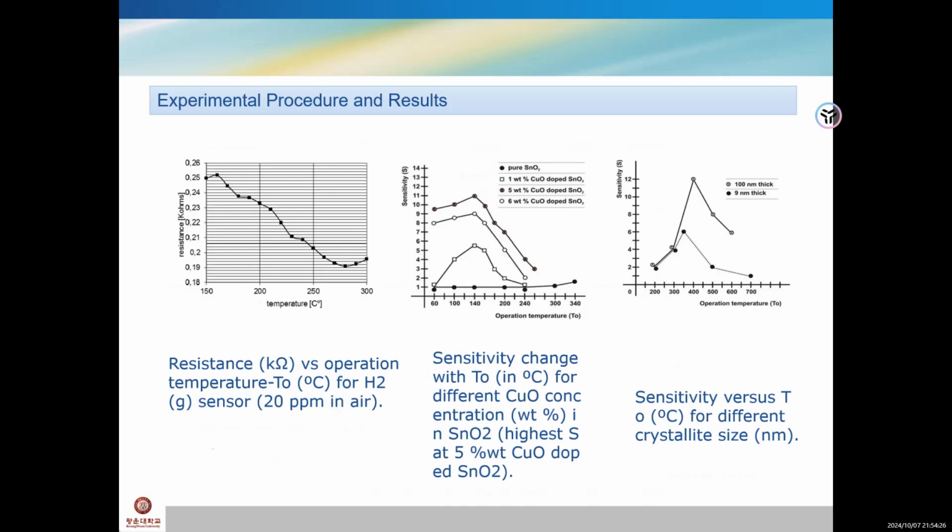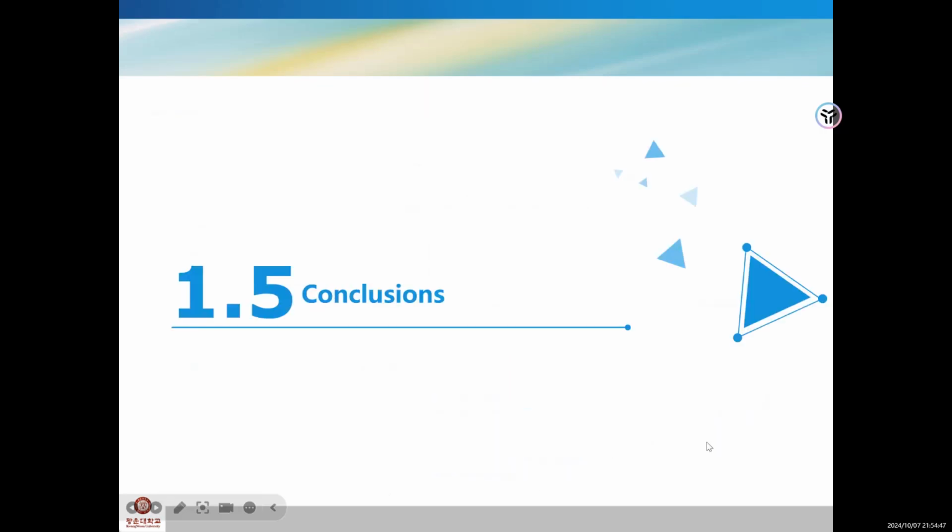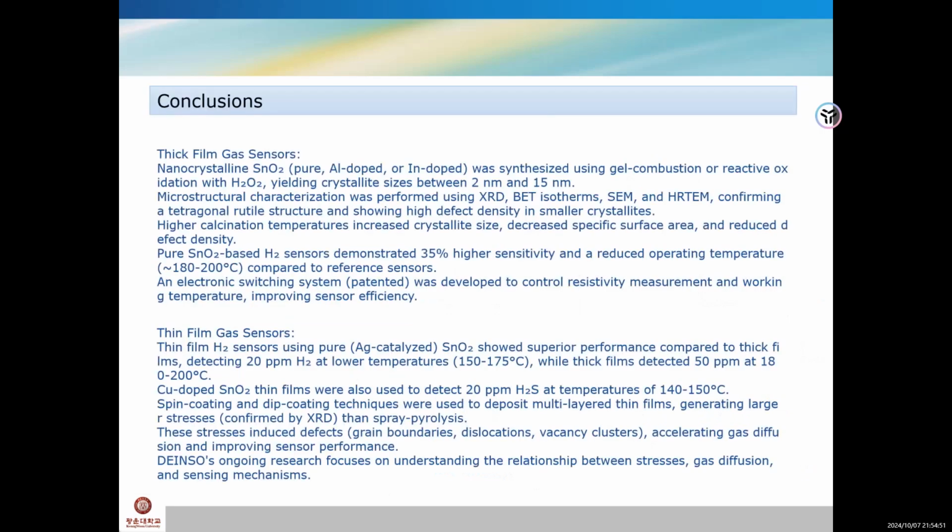So this is resistance versus operation temperature for the H2 sensor. And the middle image is sensitivity change for different CO2 concentrations and penetration in this sensitivity. 1.5, conclusion.